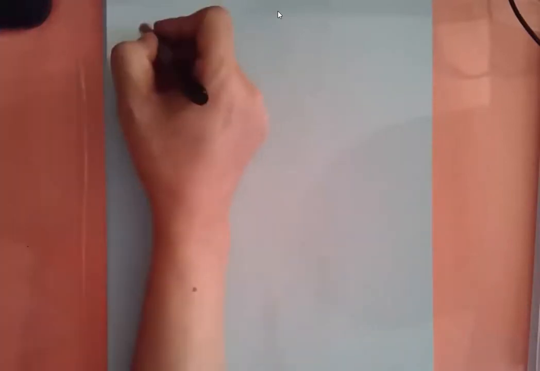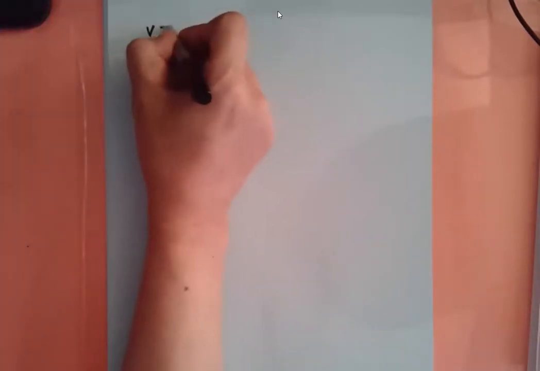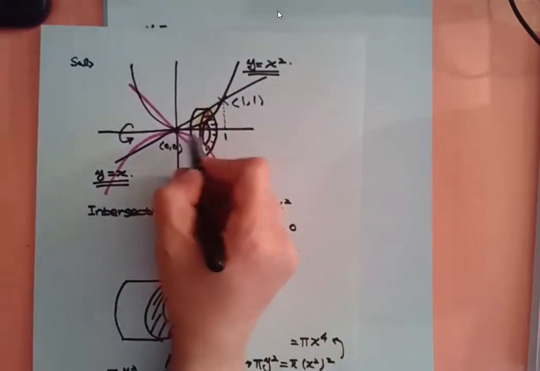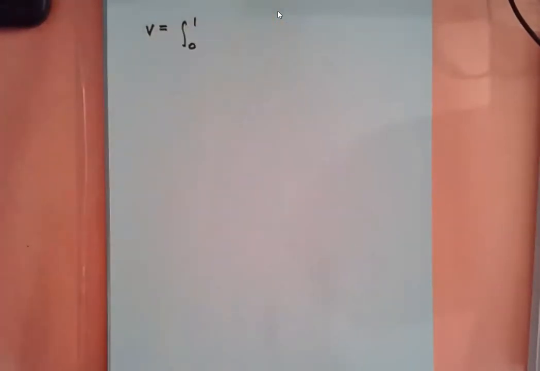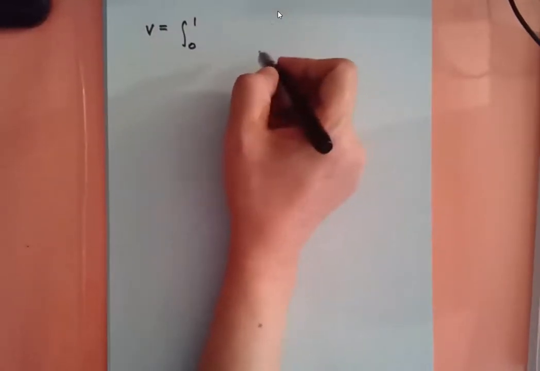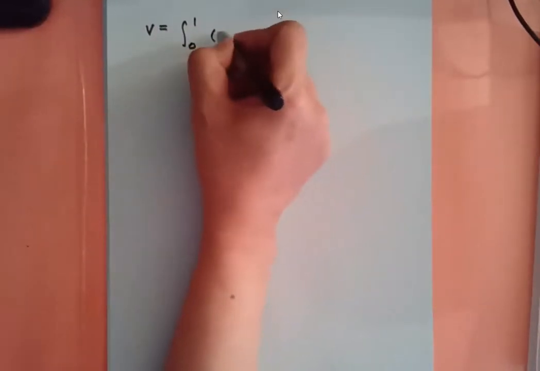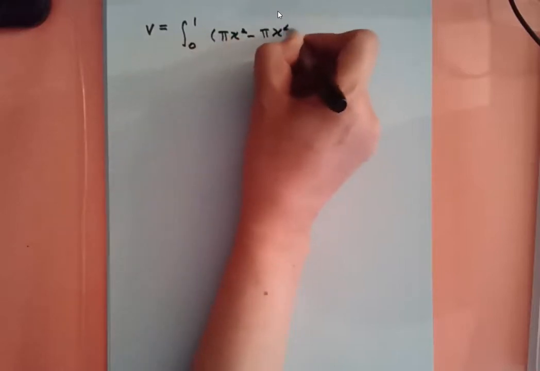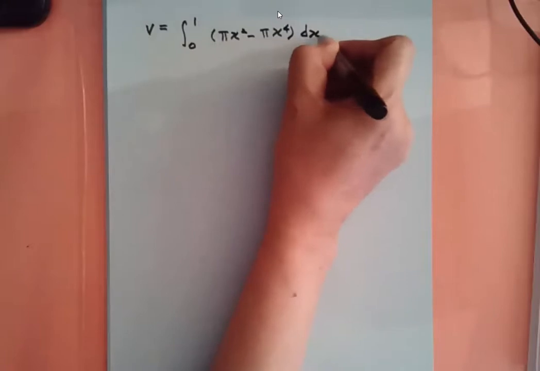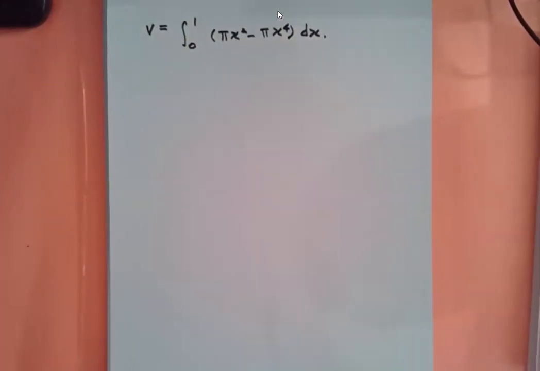Let's consider the volume. The volume was delta x, x ranges from 0 to 1. So integration 0 to 1, the larger disk minus smaller disk is pi x squared minus pi x to the 4th power dx. Right?